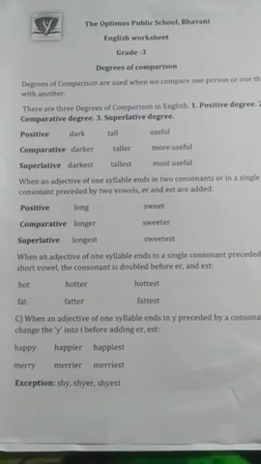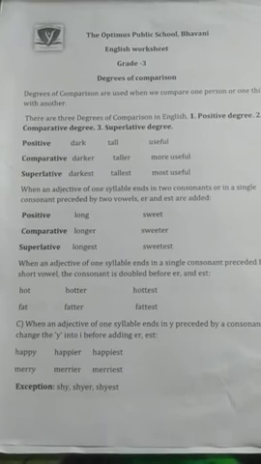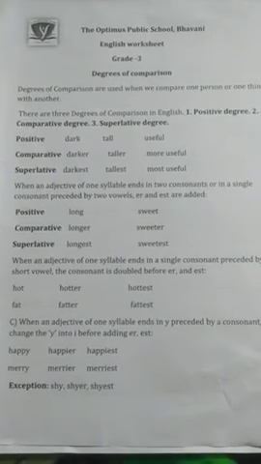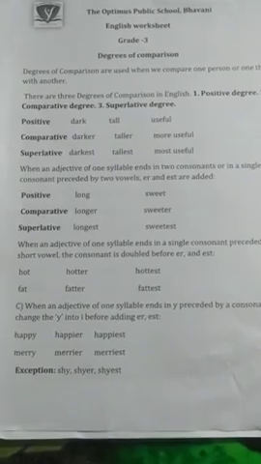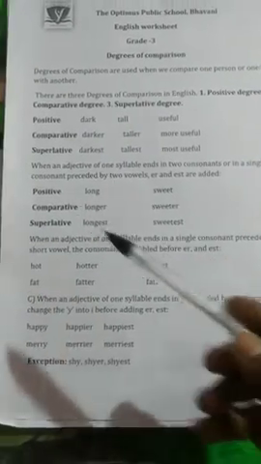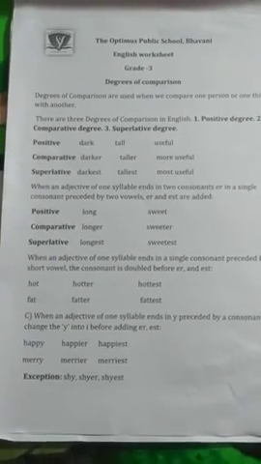And one more thing, for more than 2 syllable words you have to use more for comparative and most for superlative degree. Okay, see, when do we add er, when do we add ier, just see there.